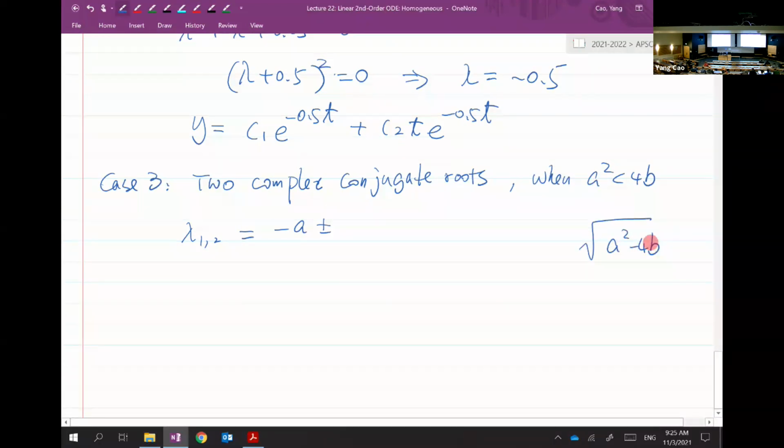This is the square root here. And because this is a negative number, you can write it as j times square root of 4b minus a squared. And then this solution here is just negative a plus minus j square root of 4b minus a squared, divided by 2.